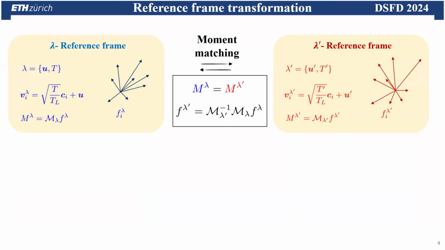To connect with a different frame, here called lambda prime, we impose that the moments should be the same, irrespective of the frame used for the calculation. This is the moment matching condition, and we also say that the moments are frame invariant. This condition leads to a well-defined linear relationship between the populations of the different frames.